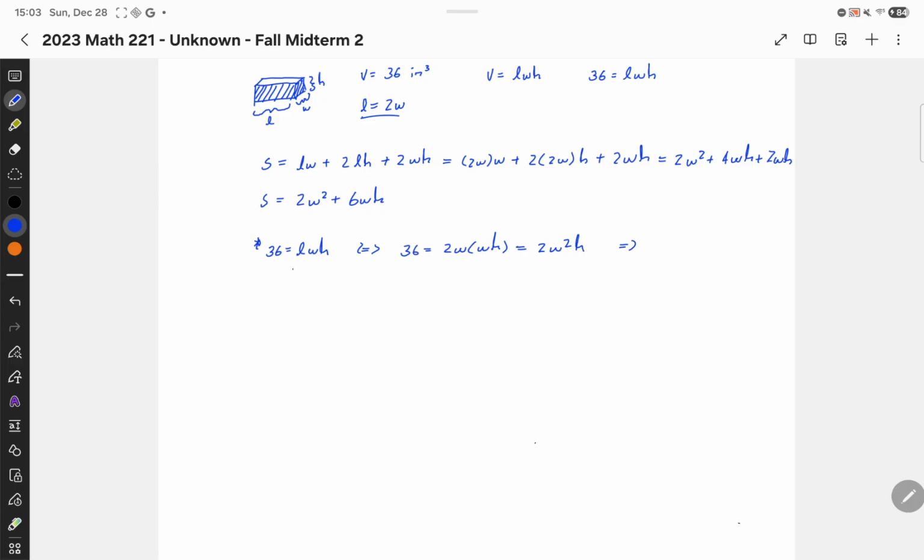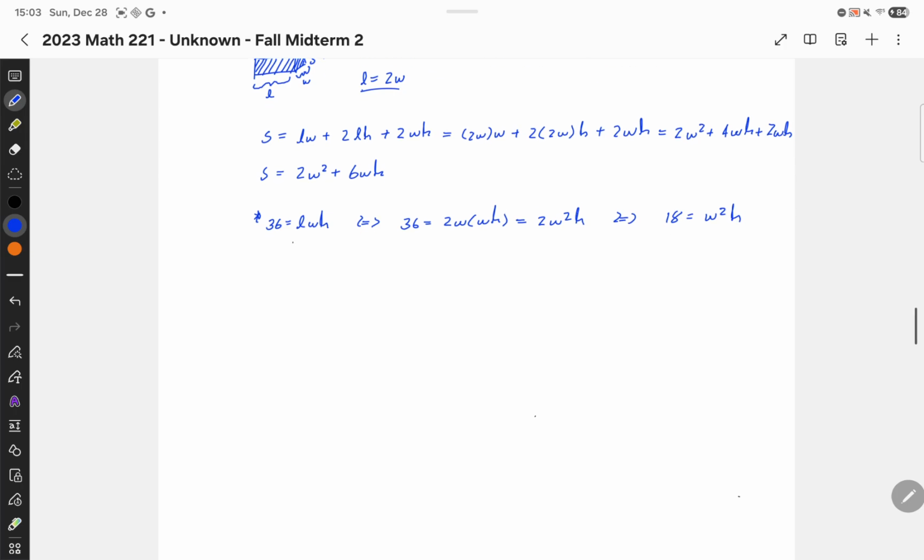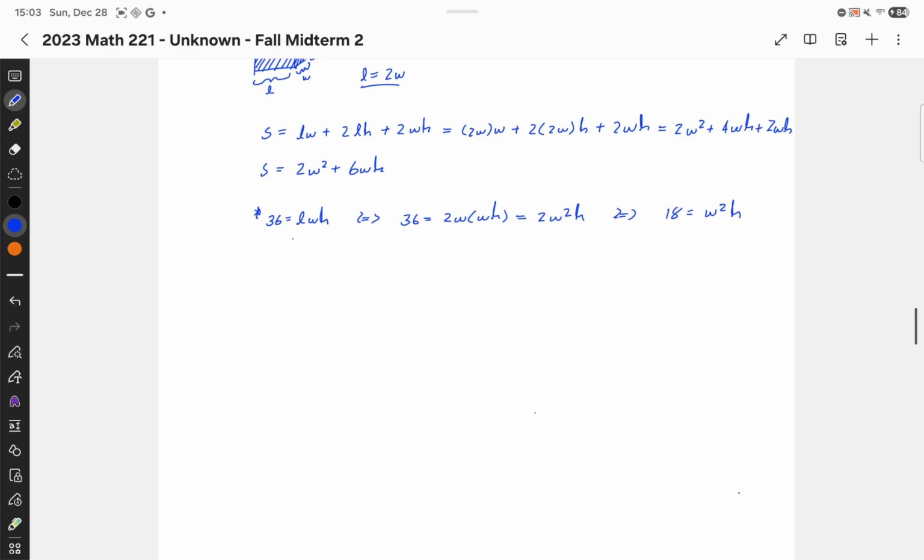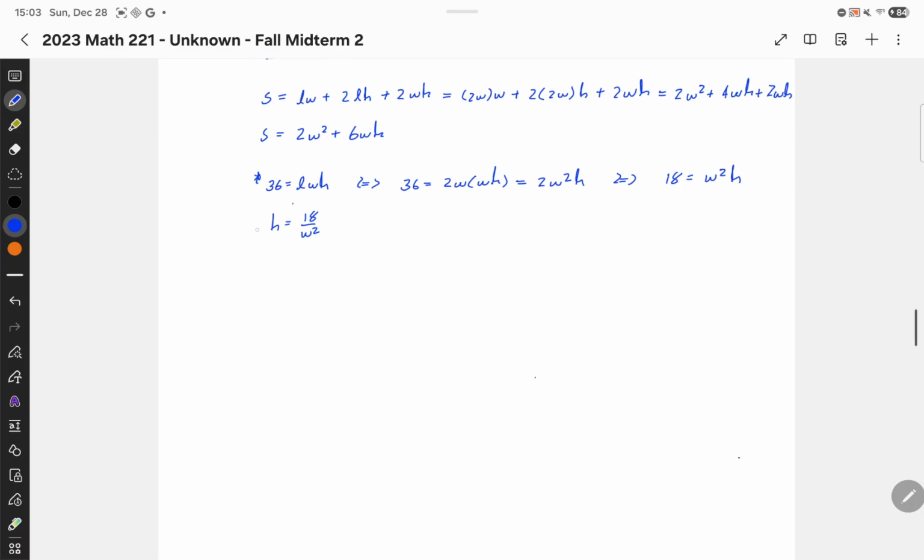This gives us that 18 is equal to W squared times H. And now what I'd like to do is divide both sides by W squared. So let's just say H is equal to 18 over W squared. You could divide both sides by H, but this will just make substituting it into our function for S a bit easier.